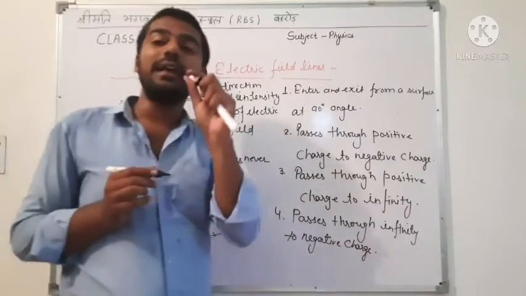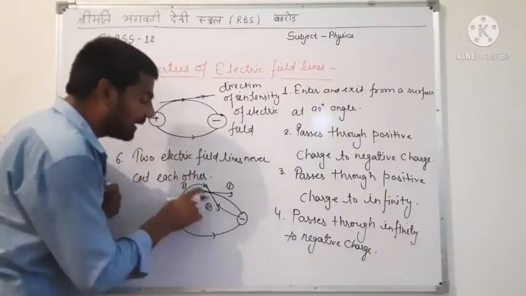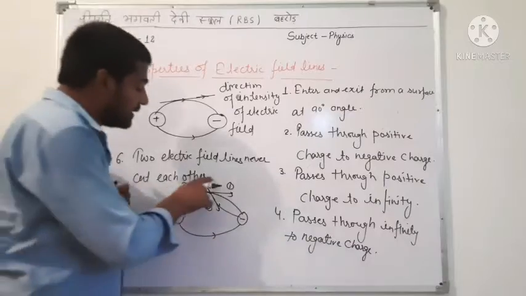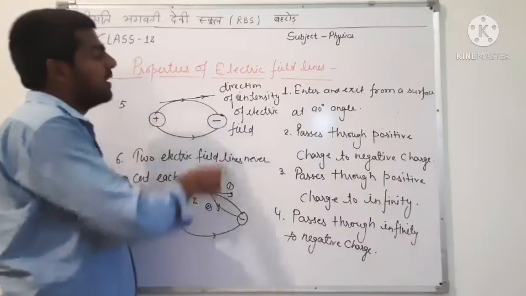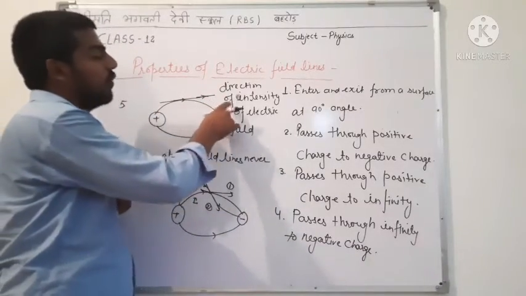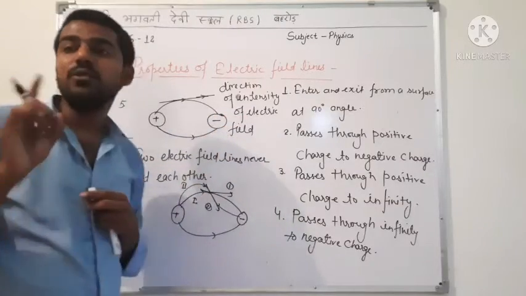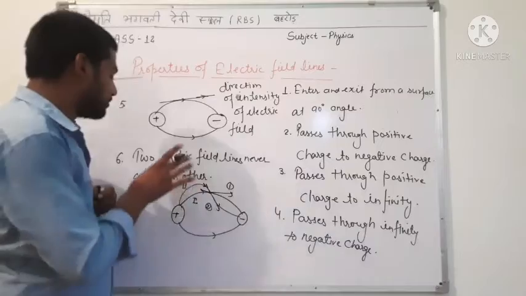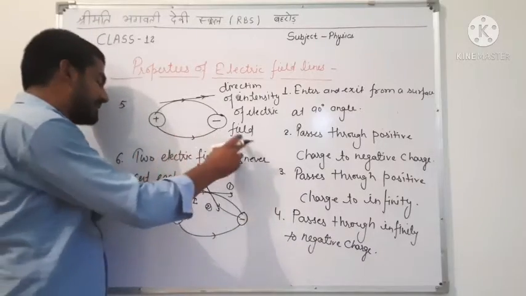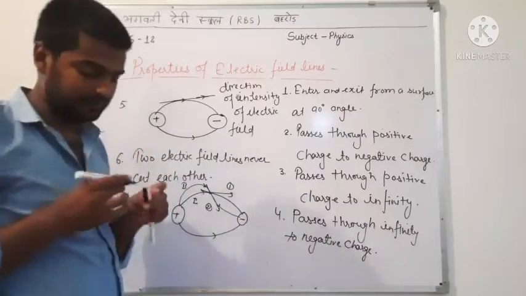More than one line at the cutting point means more than one direction of intensity of electric field at this condition, which is not possible. So two electric field lines never cut each other.